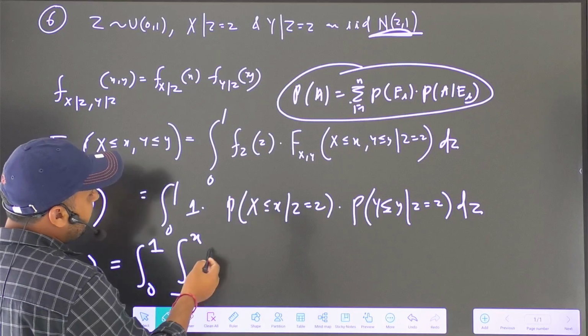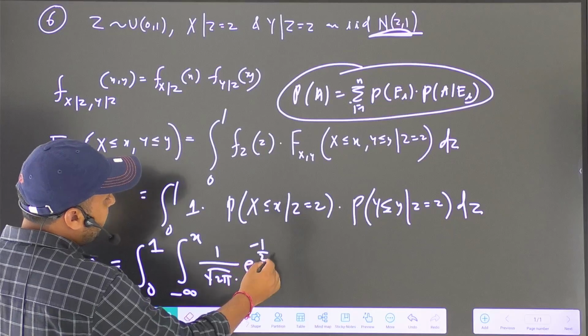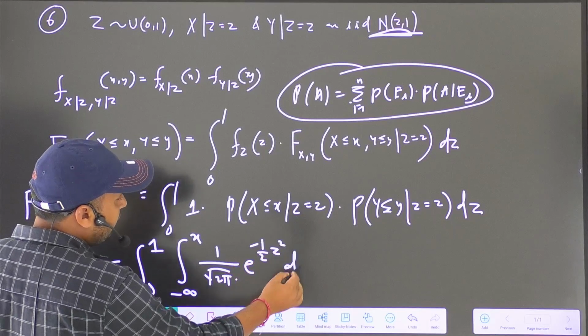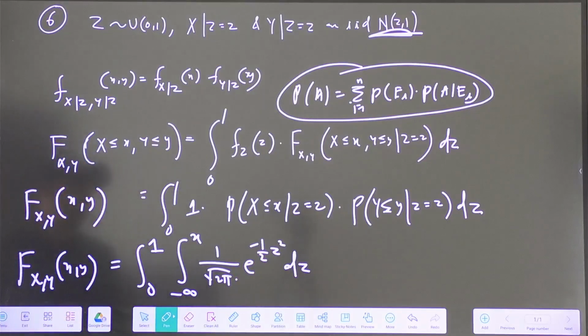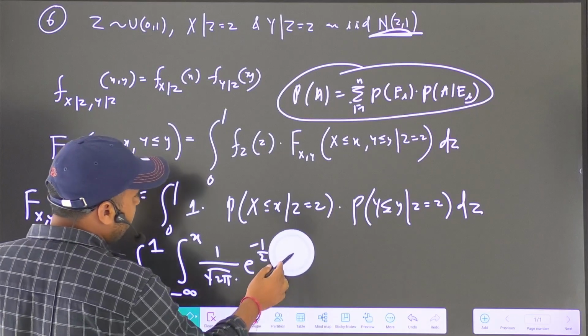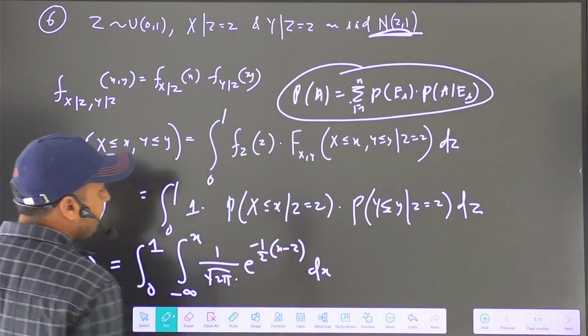So you can write the PDF as 1 by root under 2 pi e to the power minus half z square dz. It's a normal with mean z, so it is like x minus z dx. Is it?